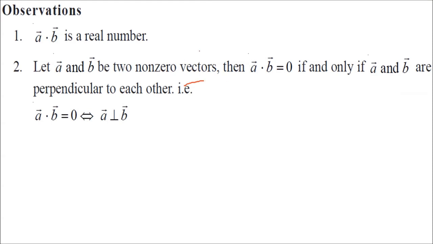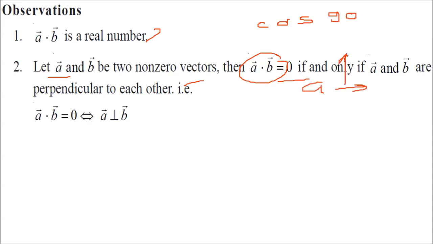And because it is going to give you a number, there will be no direction. We'll see in cross product what direction means. So A and B, if these are two non-zero vectors, then A dot B is equal to 0 only when cos theta is 0, and that is only possible when theta is 90 degrees. We say A is perpendicular to B, or A dot B equal to 0.